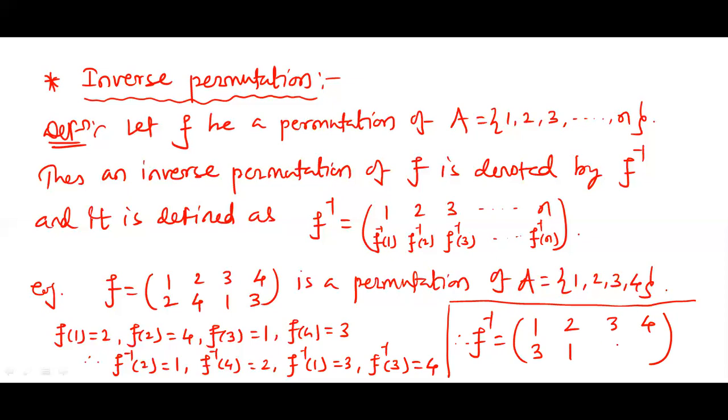F inverse of 3, 4. And f inverse of 4 is 2. This permutation f inverse is the inverse permutation of the permutation in which 1 maps to 2, 2 maps to 4, 3 maps to 1, and 4 maps to 3.